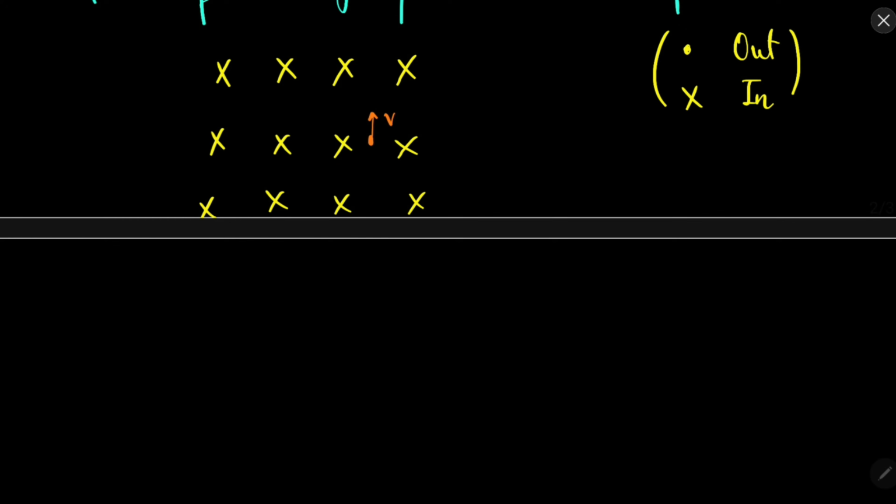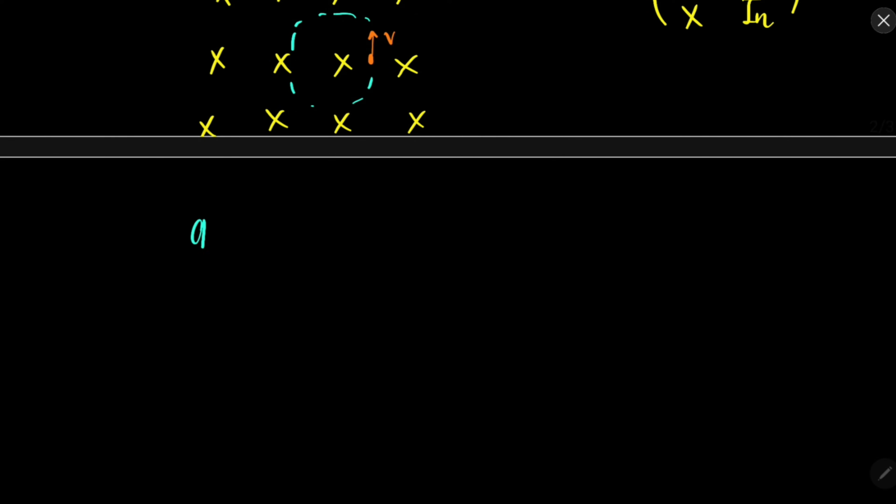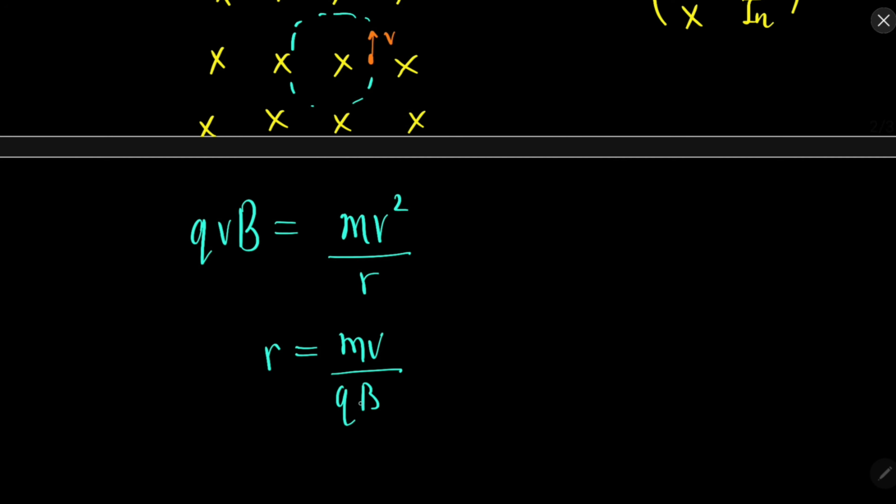So ultimately there will be a force acting on this particle and it will move in a circle. How? The formula will be qvB equal to mv square over r, because it is in circular motion. So the radius of this circle will be mv over qB.